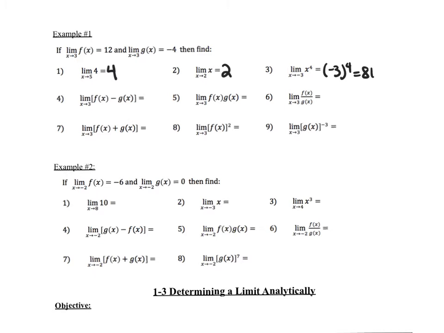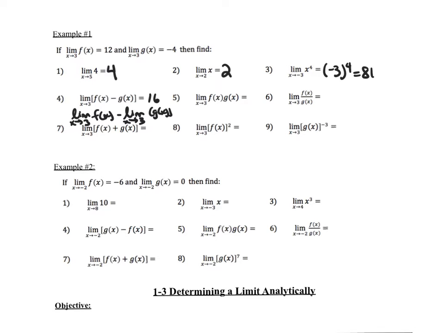For example number 4, we're looking at rule D. Since the limit as x approaches 3 of f of x minus g of x, it's essentially the limit as x approaches 3 of f of x minus the limit as x approaches 3 of g of x, which is 12 minus negative 4, or 16.